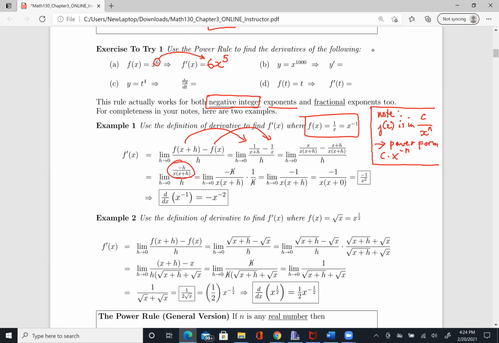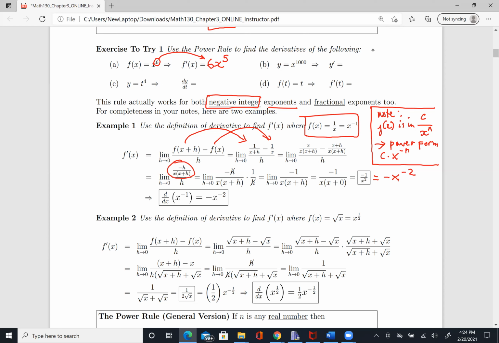Then convert it to multiplication, cancel the h factor between top and bottom, and you have negative 1 over x times (x plus h). Direct substitute and get -1 over x squared, which can be rewritten as negative x to the power -2.